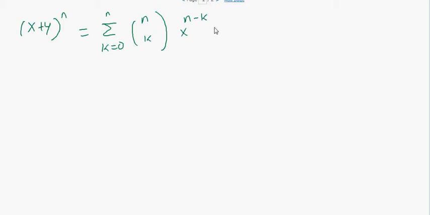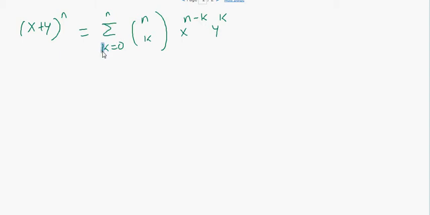Now the formula that I'll be using to expand x plus h to the power n using the binomial theorem is this one. The formula is x plus y to the power n is equal to sigma k equals 0 to n of n choose k, x to the power n minus k times y to the power k.